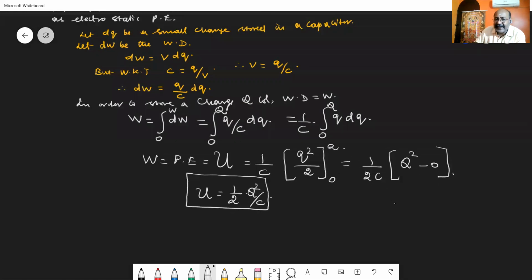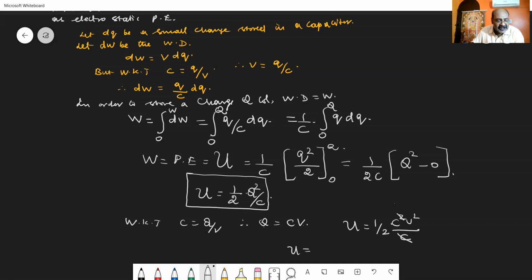We can consider another expression also. We know that C is equal to Q by V, therefore Q equals C into V. So the potential energy is half into, instead of Q, substitute CV. So Q square is C square V square divided by C, and the C's get cancelled.